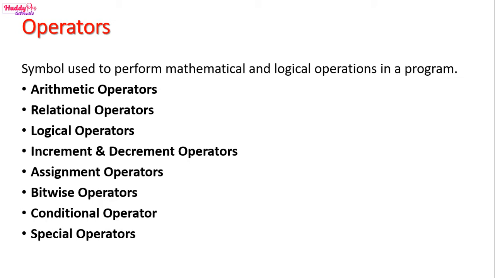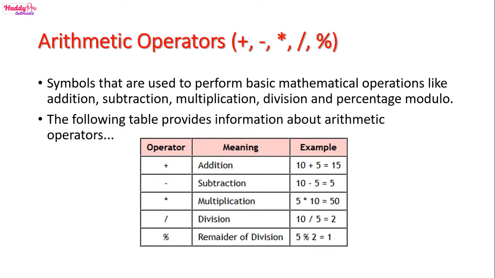So in the C programming language, we have a set of operators and they are classified as follows. We have what we call the arithmetic operators, relational operators, logical operators, increment and decrement, assignment, bitwise, conditional, and special operators. Let's talk about each in detail.